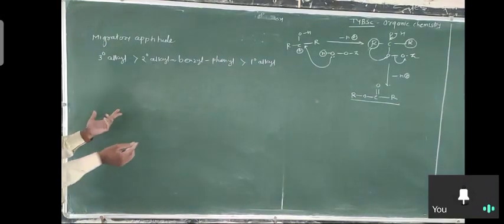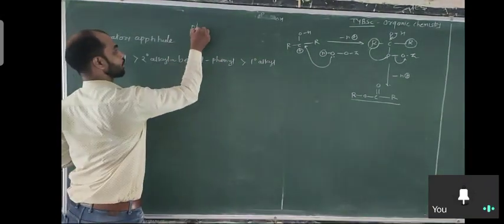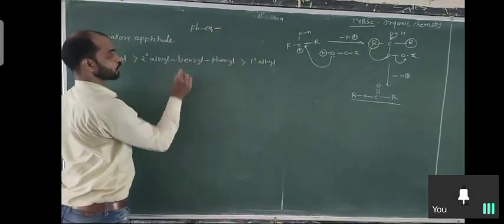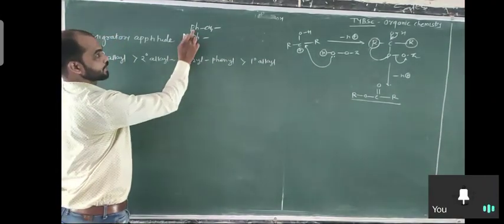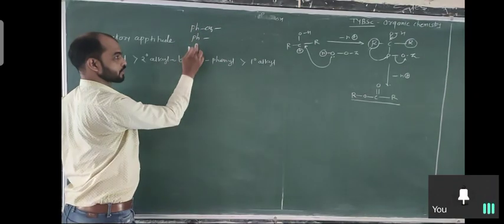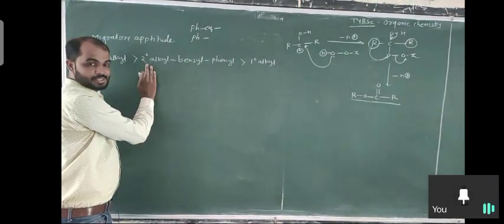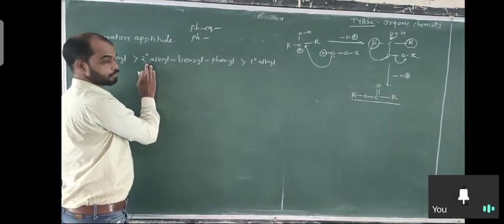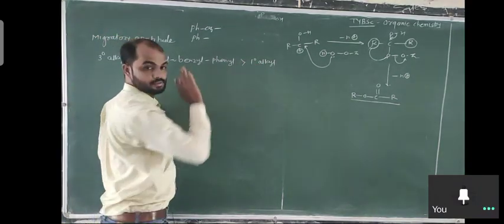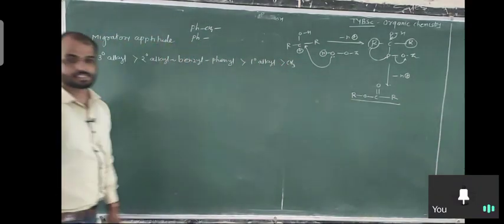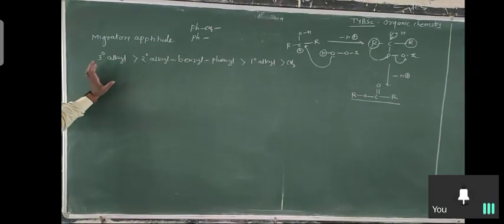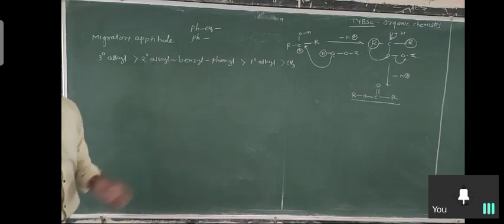Benzyl means nothing but PhCH2. Phenyl group means only this group. So benzyl first, then phenyl. If secondary is present, secondary has more aptitude, and lastly primary, and after that CH3. So this is the migratory aptitude of the groups in a Baeyer-Villiger oxidation reaction.